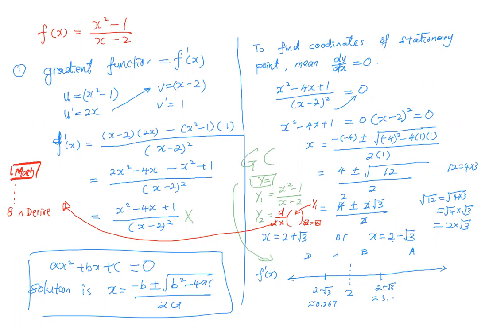So we want to know the sign for region A. This is 3. So now you call out your Y2. How to call out your Y2? You go alpha, trace. You press alpha trace. Then you got Y2, correct?